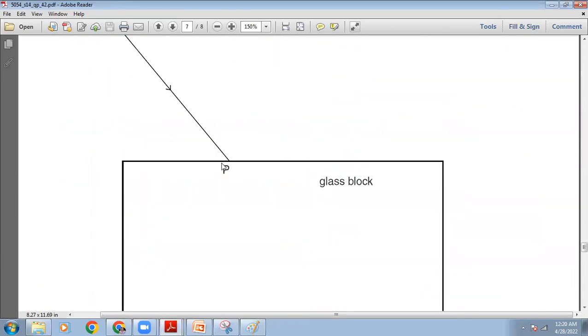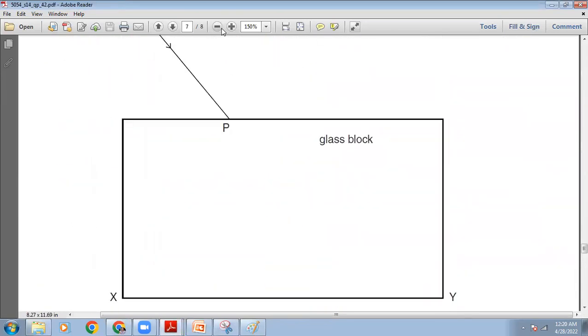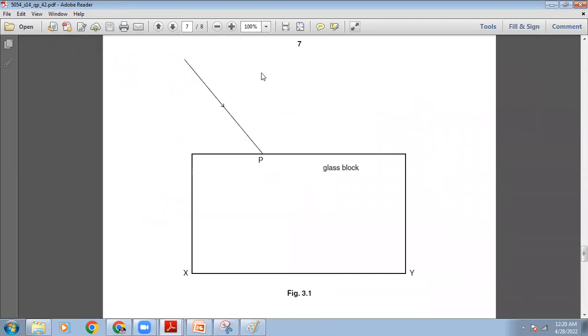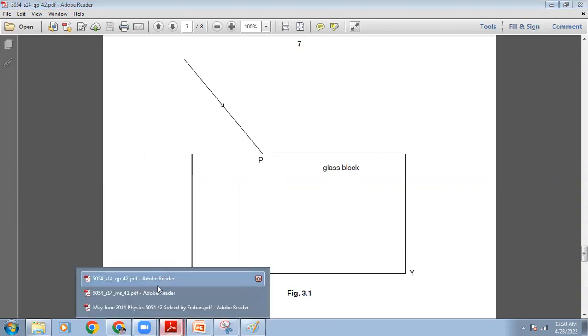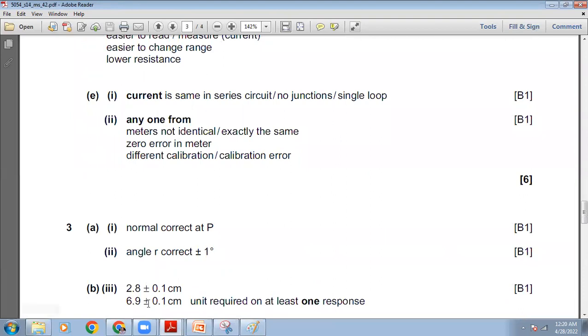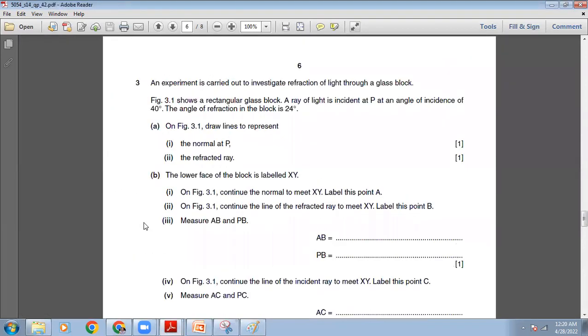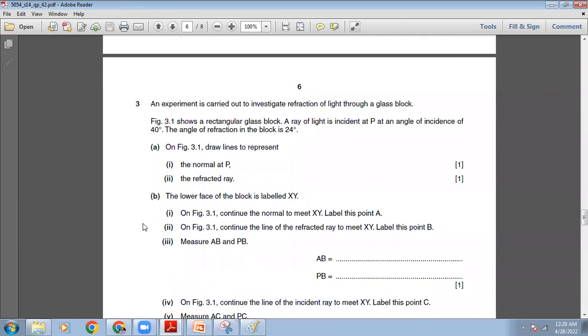So they are talking about this diagram. First of all I will draw a normal here, and then we will make the refracted line here. The angle of refraction is already given, it is supposed to be 24.